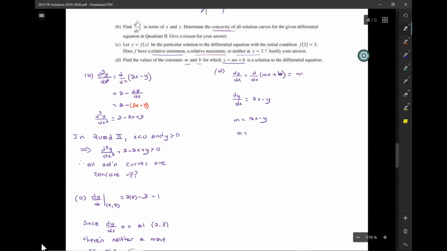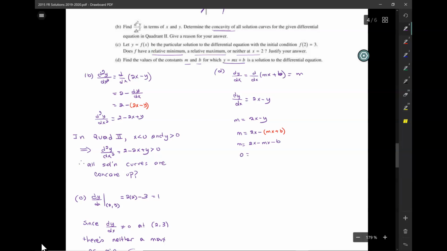So why don't I say m is 2x minus, because I need m and b to show up more than I have right now. Y is mx plus b, right? So that means m is 2x minus mx minus b. I don't know what's happening here. Let's just set everything to 0 and see where we get.